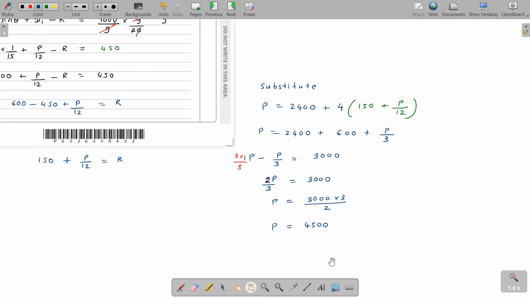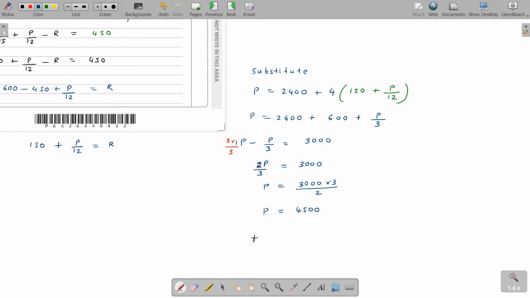Then Roman number 2, they want you to find R. Replace P as 4,500 in 150 plus P over 12, so 4,500 over 12. When you type it in the calculator, how much is the R value? 525.